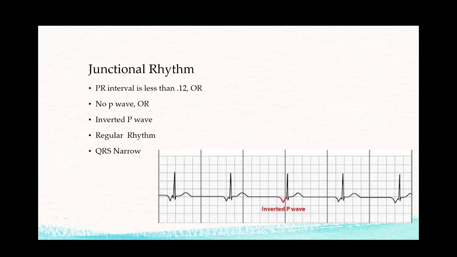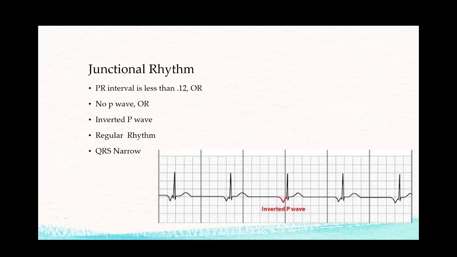I also could have an inverted P wave, and this is where in lead 2 the P wave is negatively deflected. It's a hole in the ground instead of a lump of dirt above the ground. Okay, so this strip that we see on this slide has an inverted P wave. So that is a sign it is a junctional rhythm.